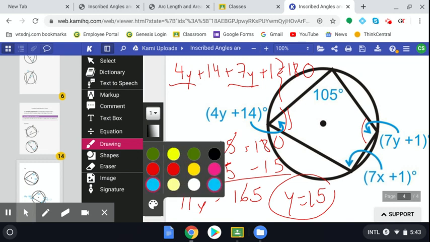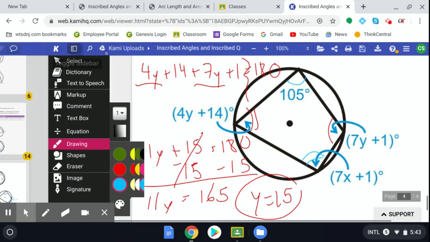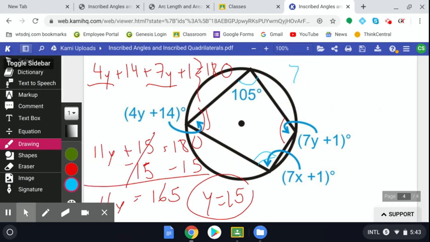And then you need to also solve for x. They told you that this angle is 7x plus 1. This angle is opposite to that. So I can say 7x plus 1 plus 105. Those have to be supplementary, so they equal 180. I can combine these like terms here because they're on the same side of this equal sign.